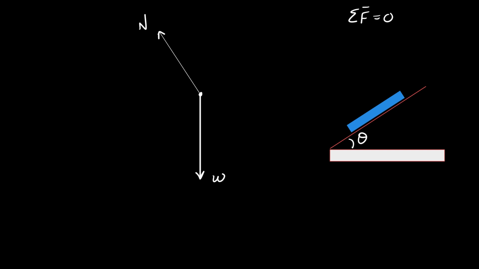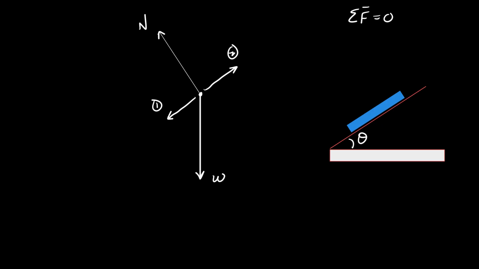By definition, friction is a force that tries to prevent one surface from sliding past another and has to be parallel to the surfaces in contact, which means my frictional force can either be this way or this way. Which one of those makes the most sense? Force number 1 or force number 2? Force number 2. I think if it was force number 1, the calculator would be accelerating.